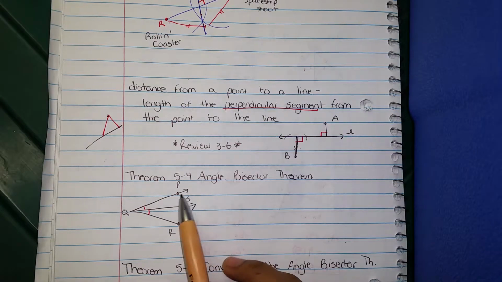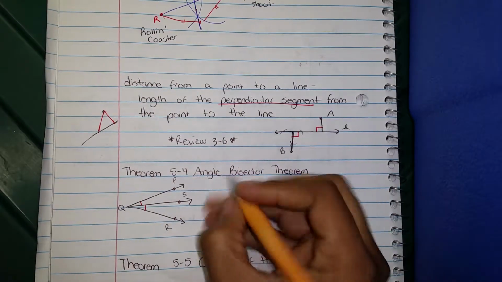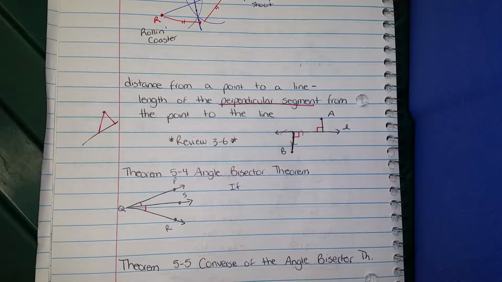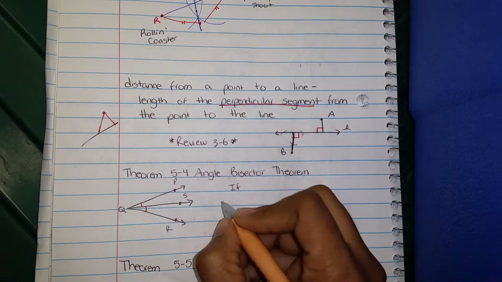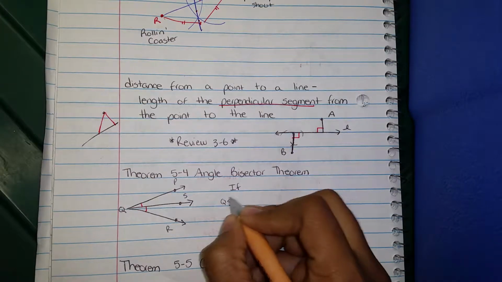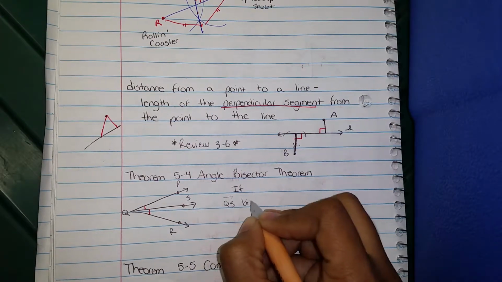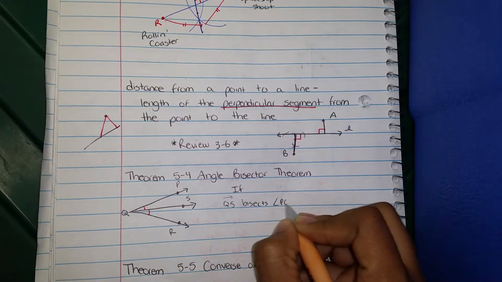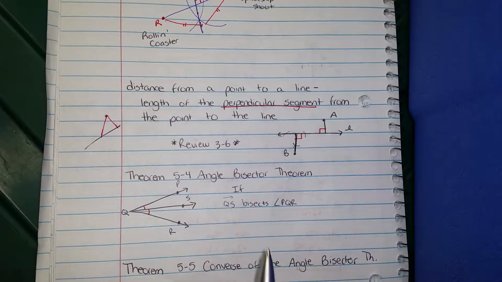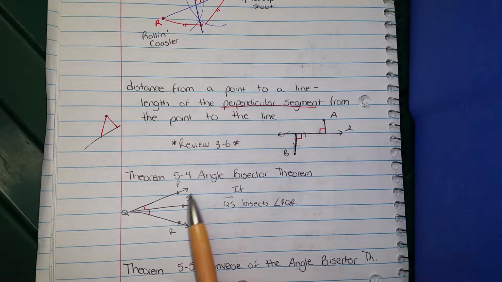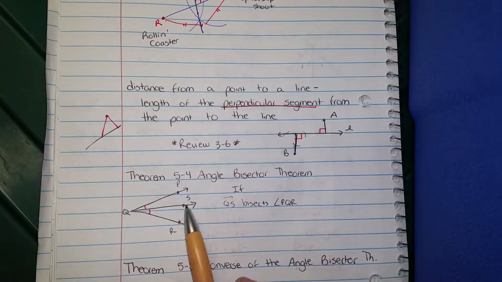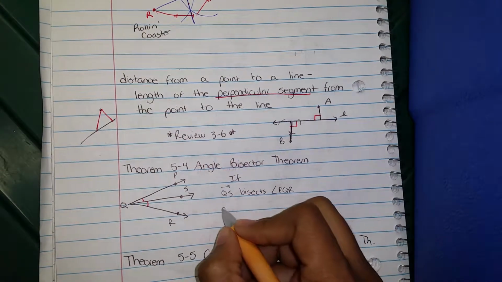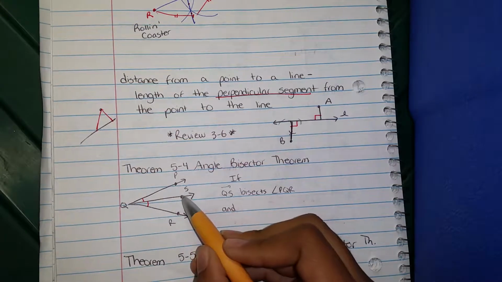But my if statement would be, because I'm saying if my point is on the angle bisector, that means that I need to know that QS bisects my angle PQR, and that, remember, the distance has to be perpendicular, so I need to state my two distances.